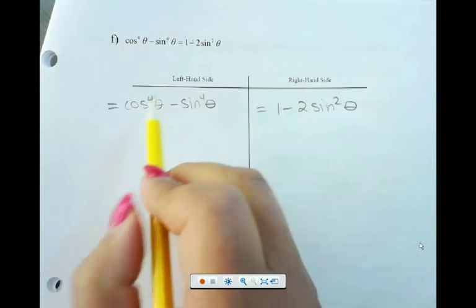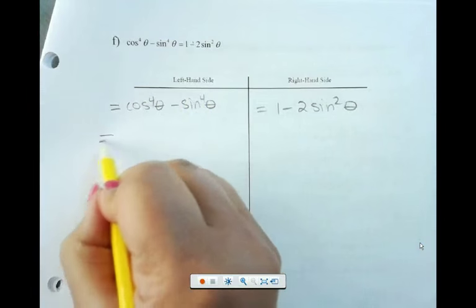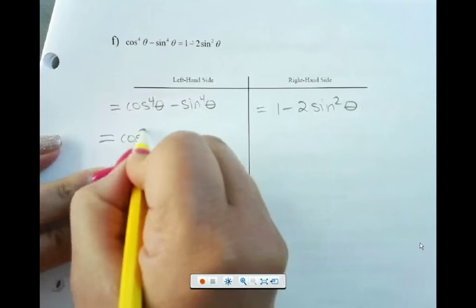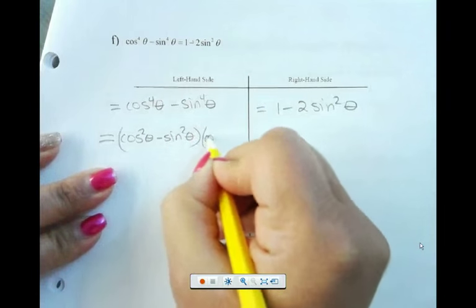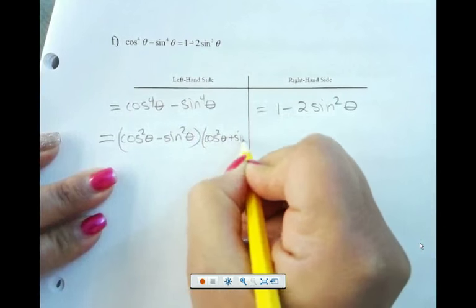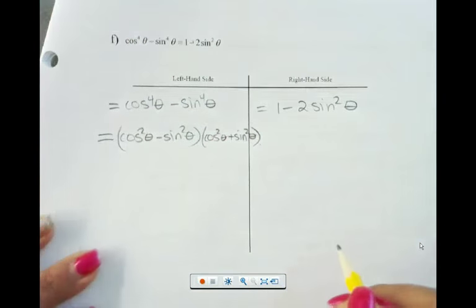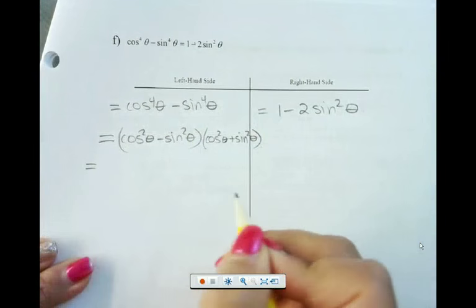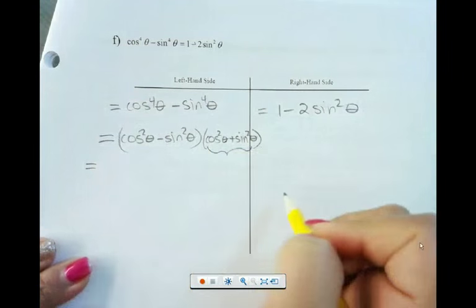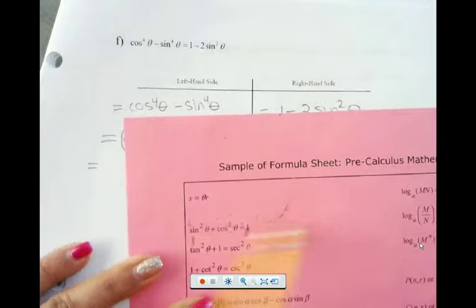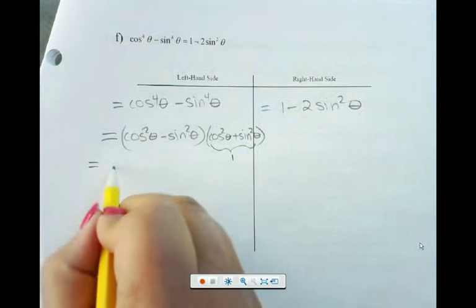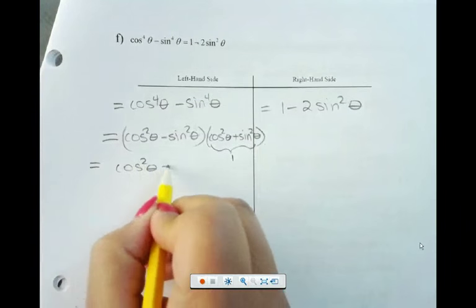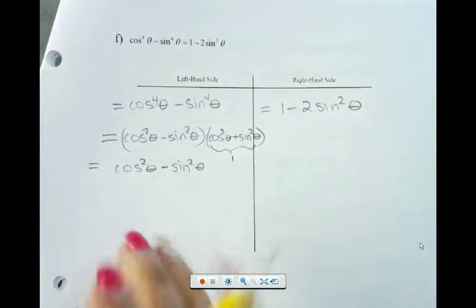If you notice, this is a difference of squares, so you can factor it as cos squared theta minus sine squared theta, and then cos squared theta plus sine squared theta. Uh-oh, I went over the line. I should have started further out. Now, what do you notice about this here? Yeah, that equals 1. So now this is cos squared theta minus sine squared theta.